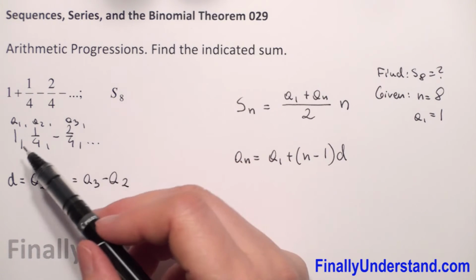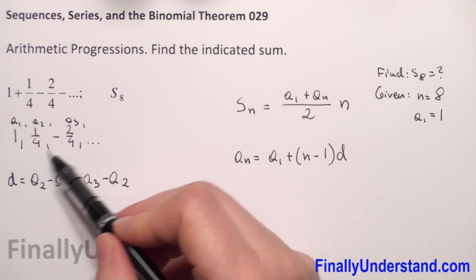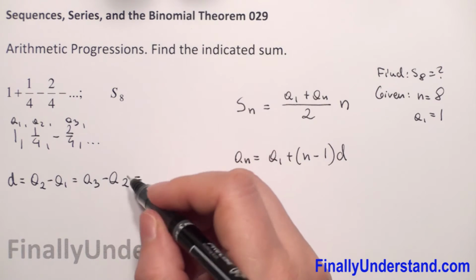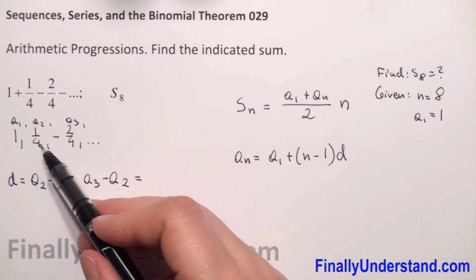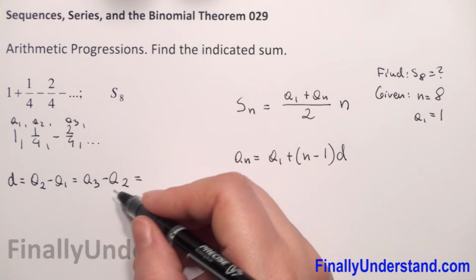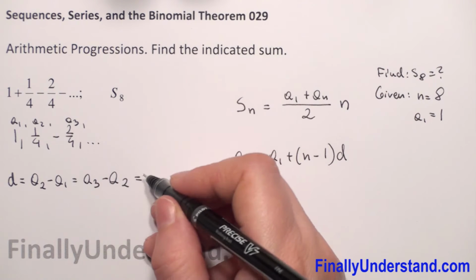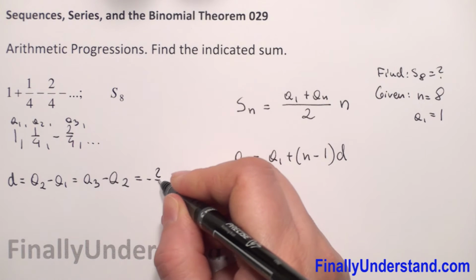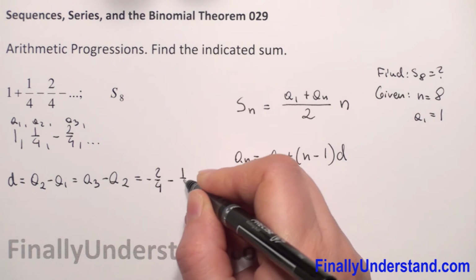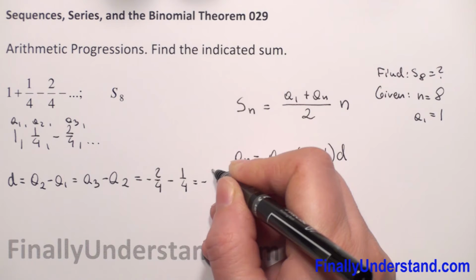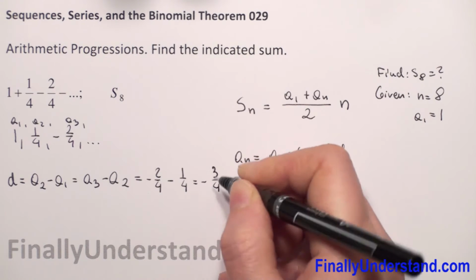We have to choose 2 consecutive terms. So let's use these 2 terms. a3 minus a2 will be negative 2 over 4 minus 1 over 4. So this is equal to negative 3 over 4.